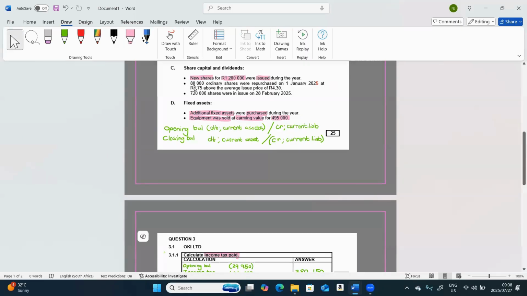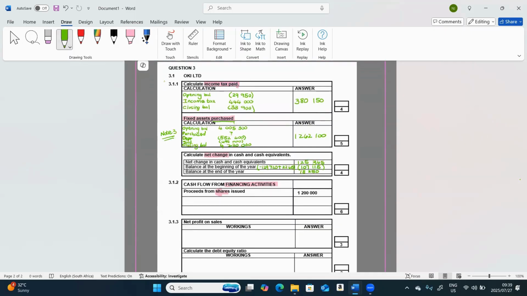Then they say 80,000 ordinary shares were repurchased. Repurchased, guys. The company repurchases its own shares. So the company will pay the shareholders to repurchase their shares. And that is why a share repurchase will always be in brackets. Please remember that. It will be a cash outflow. So guys, a share issue will always be a cash inflow.